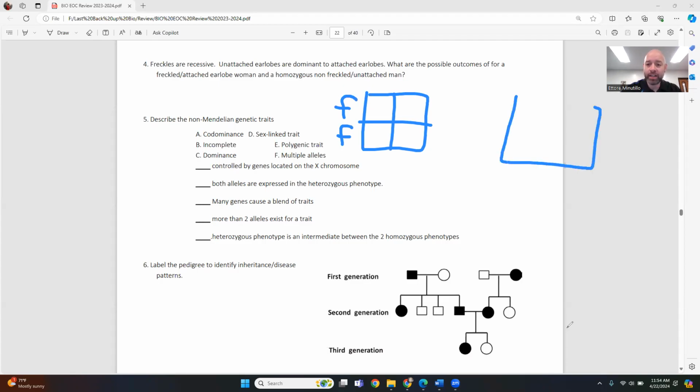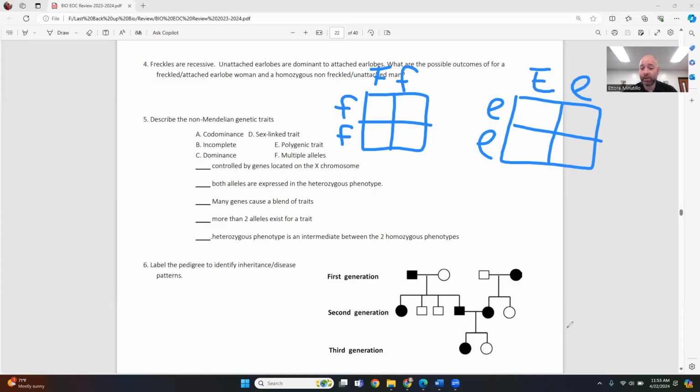On my Punnett square that has to do with earlobes, she's also recessive because she has attached earlobes, so she's going to represent little e and little e. And if we have a man who is homozygous for both of these, that's going to put him as big F, big F, and big E, big E. And now we run our 2 Punnett squares.